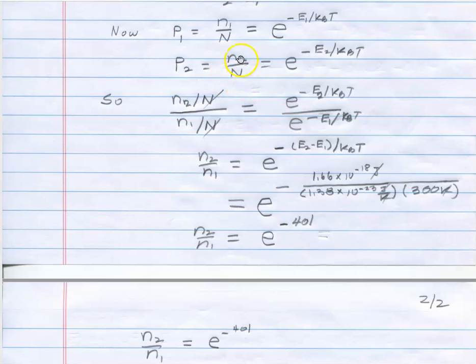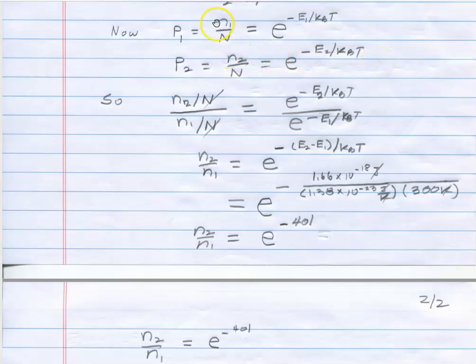And the number of particles in state 2 divided by the total number of particles, again, is the probability for being in that state. And these probabilities are just equal to the Boltzmann factor. P1 is e to the minus E1 over k_B T, and P2 is e to the minus E2 over k_B T.